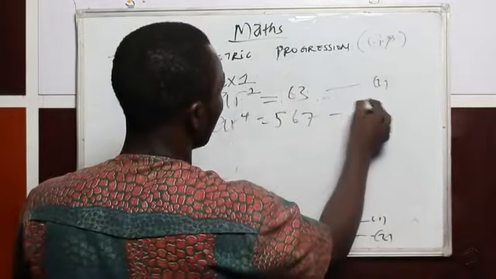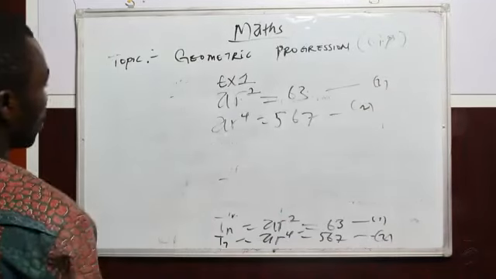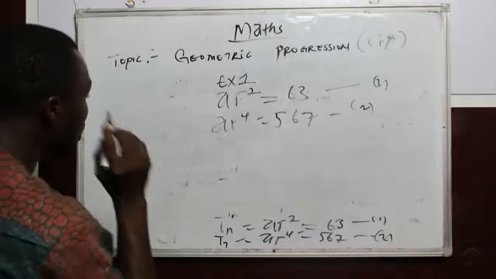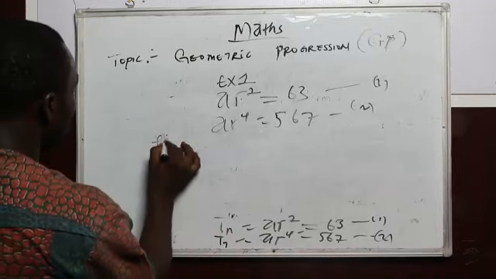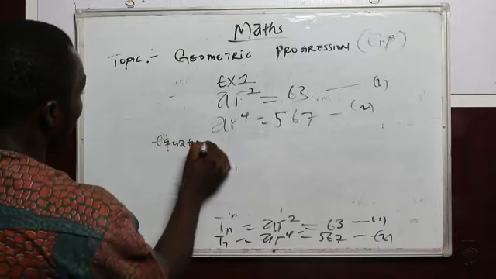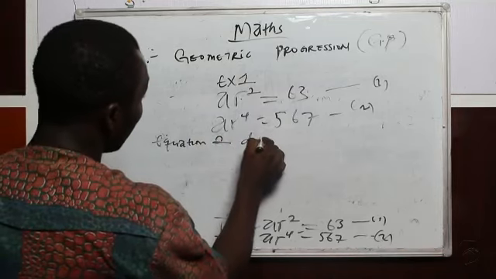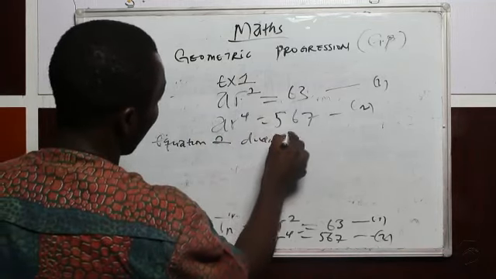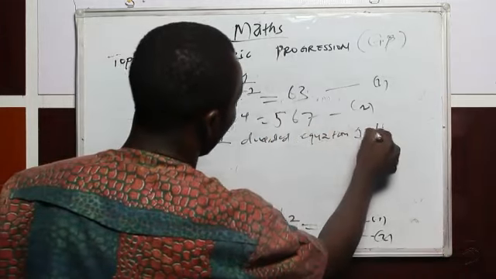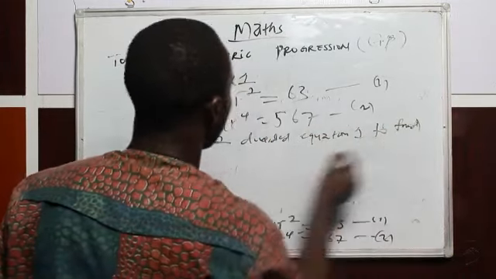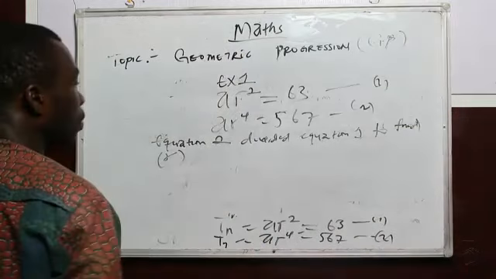Equation 1, equation 2. How do we solve it? As I said, the next step is to divide equation 2 by equation 1 to find our r.